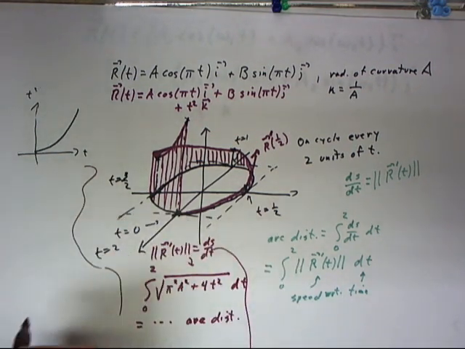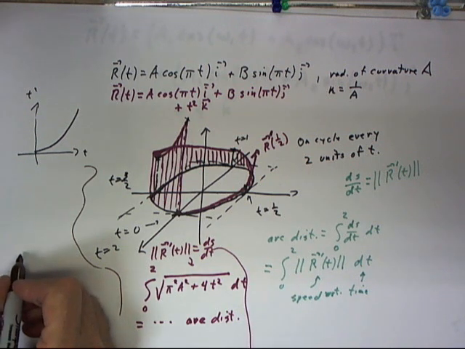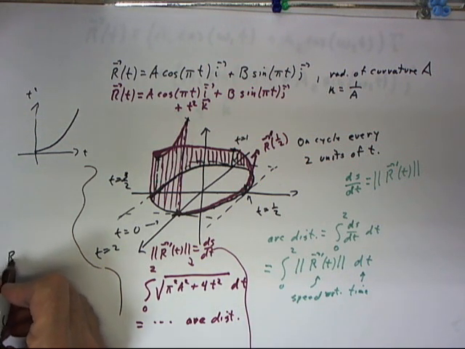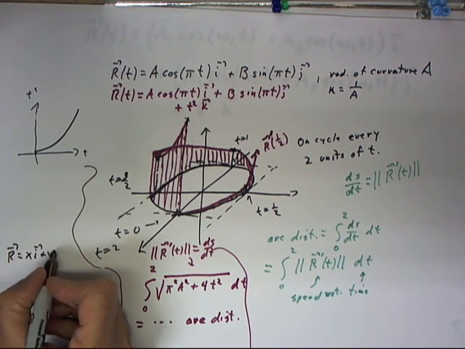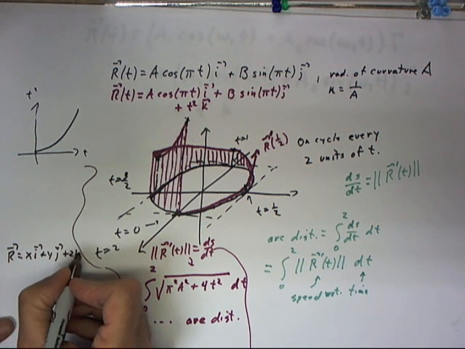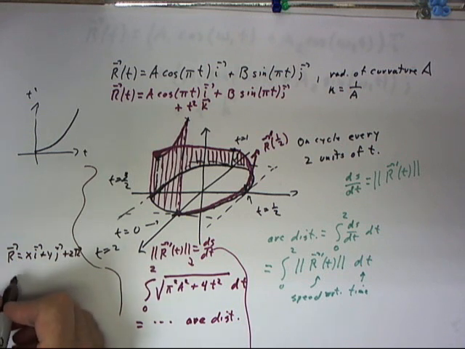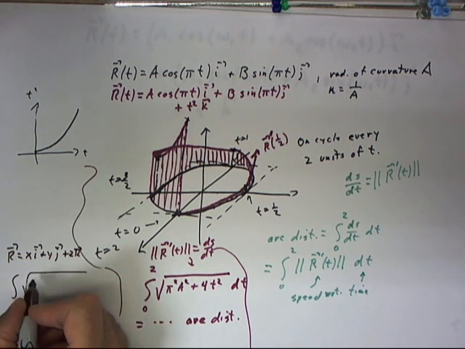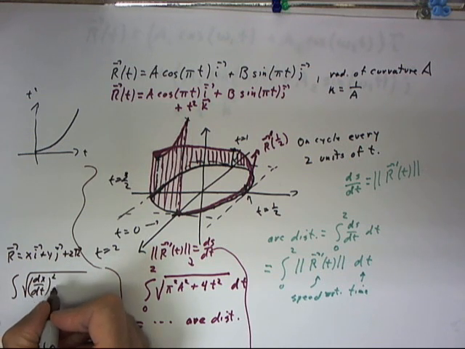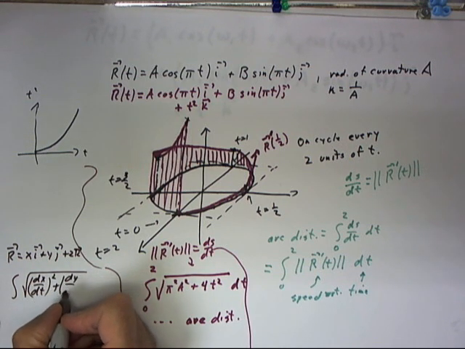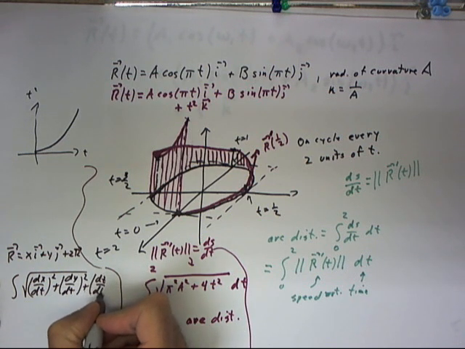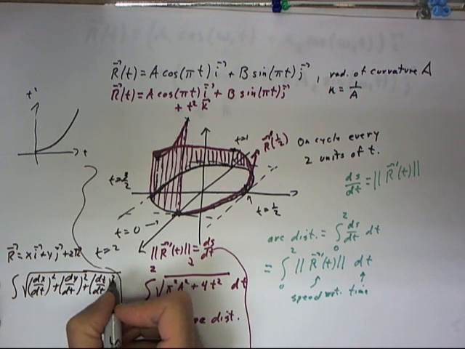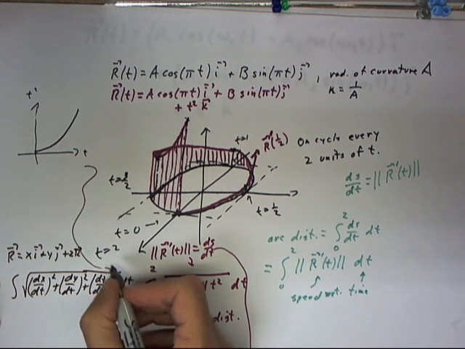Your book has a formula for the arc length. If your r function is x i plus y j plus z k, then you're supposed to integrate the square root of dx dt squared plus dy dt squared plus dz dt squared with respect to t.